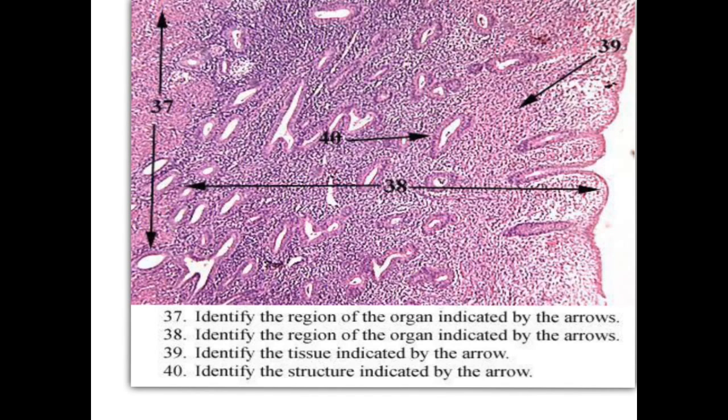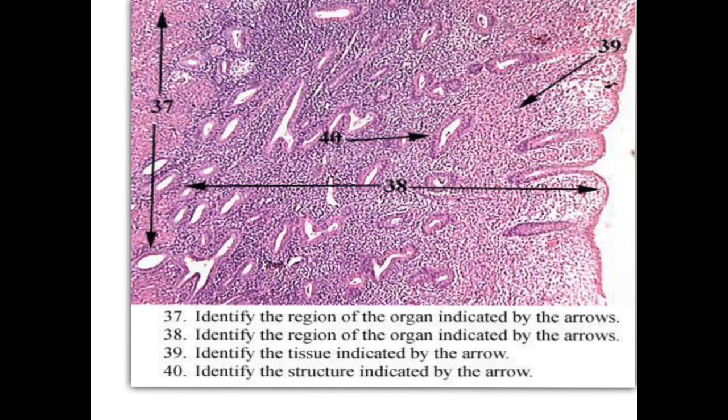Number 1, identify the region of the organ indicated by the arrow. This region is the myometrium. Number 2, identify the region of the organ indicated by the arrow. This is the endometrium, the zone starting from the epithelium till the start of the myometrium.